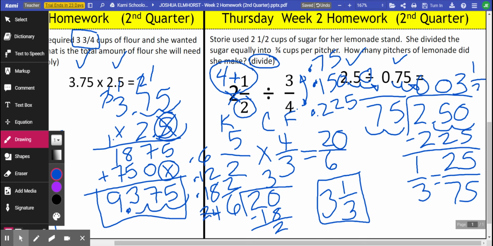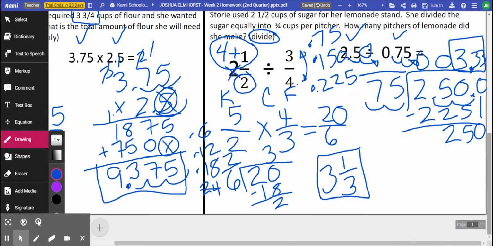So the repeating decimal here, 1/3, we're going to keep having the same remainder. We're going to end up with 3 1/3. Okay, I had to fix a couple things real quick. So we're dividing to get the decimal here. We already had the fraction. So 3 times 75 is going to give us 225.